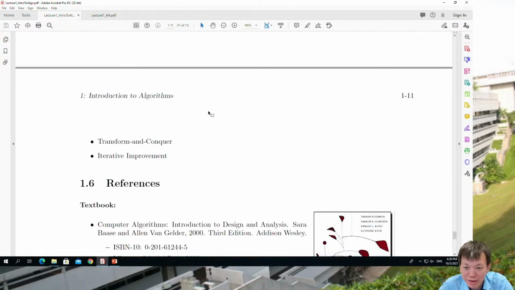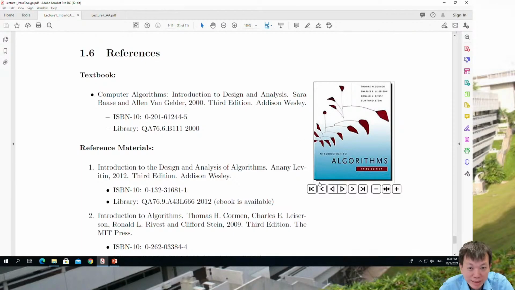If you find that it's not enough and you want to know more, there are textbooks. I don't have it with me. This textbook is very classic, the common algorithm textbook. Nearly every computer science faculty should have one.